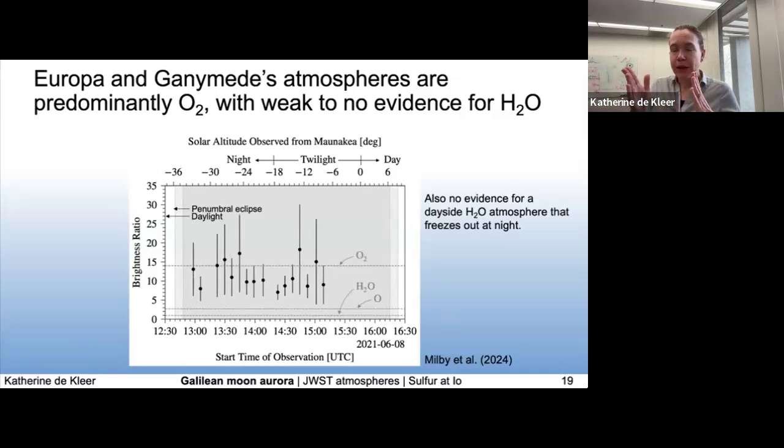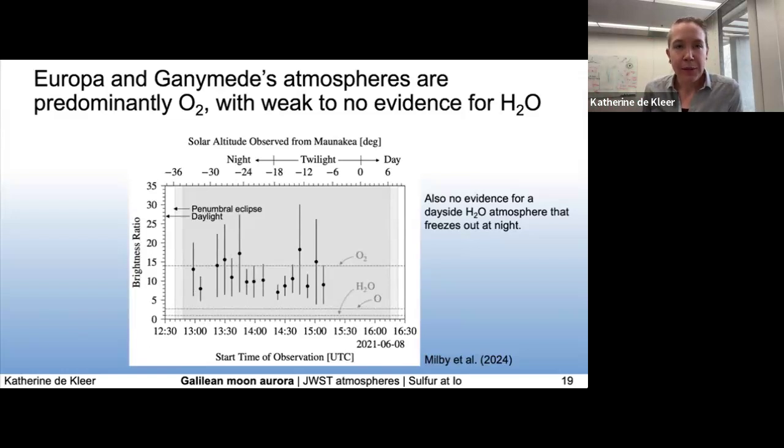But then you would expect that when it goes into shadow, you would see a drop in the presence of this water atmosphere. So you'd expect a ratio that maybe starts down here when the object first enters shadow. And then as the surface cools and the atmosphere freezes out, the ratio would follow maybe a curve like this. And we don't see anything like that. We are actually going back and revisiting these observations with that specific goal in mind. But so far, we don't see really strong evidence for water, at least in substantial amounts.